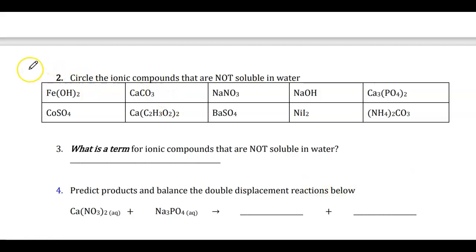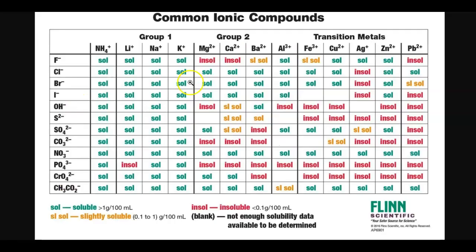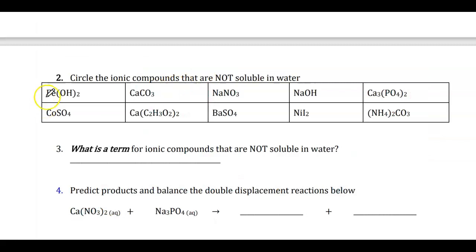Okay, circle the ionic compounds that are not soluble in water. Okay, and to do that we need all the time take a look at the solubility table. So the first one is ionic compound iron 2 hydroxide. So I go to solubility table, find iron 2. Let me pause it. I will find your solubility table.